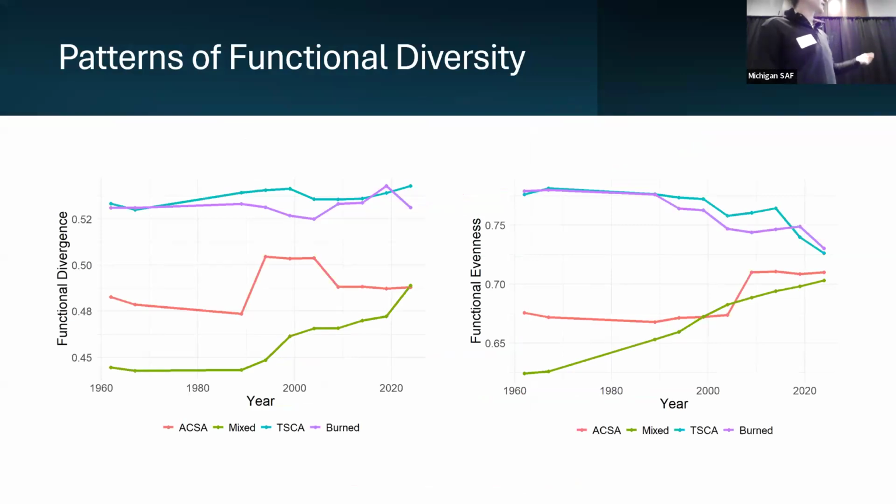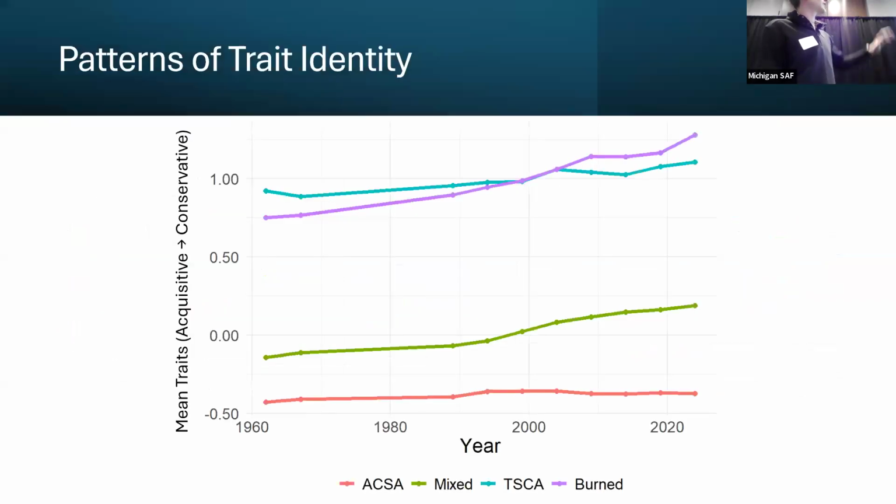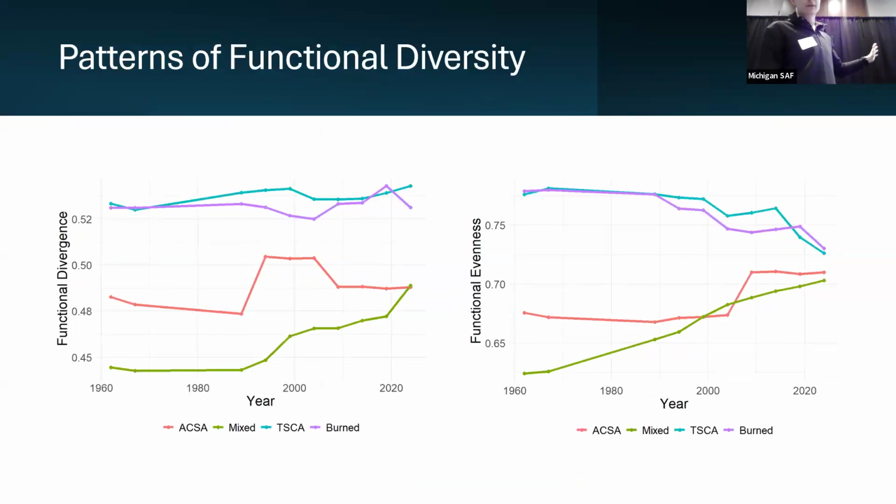The mixed stand in particular has become more functionally diverse over time since 1962. And the sugar maple stand has a slight increase, but a weirder pattern there. It's interesting how functional identity is not really changing very much, right? But we do have responses in the diversity.